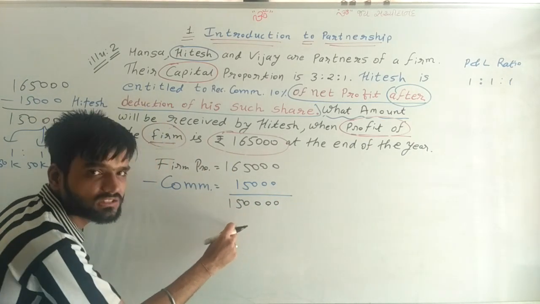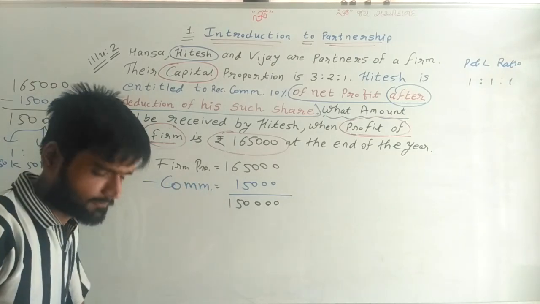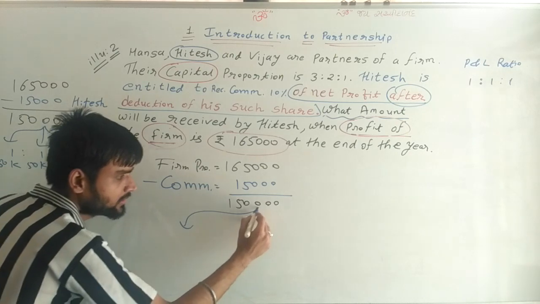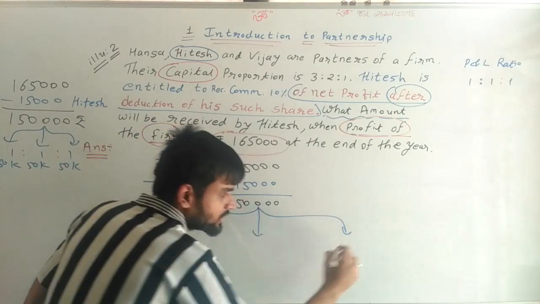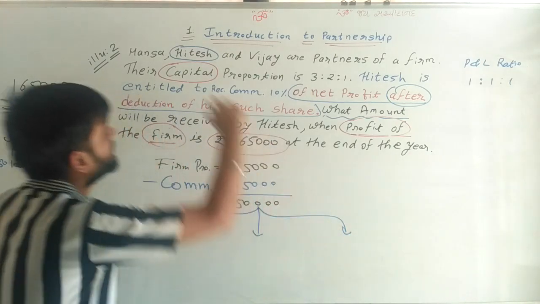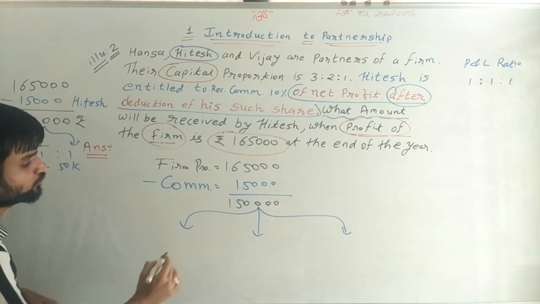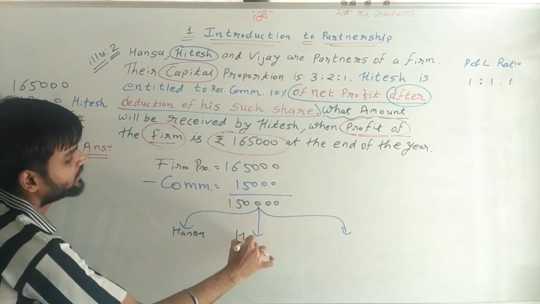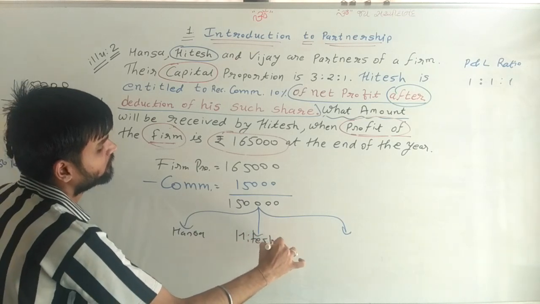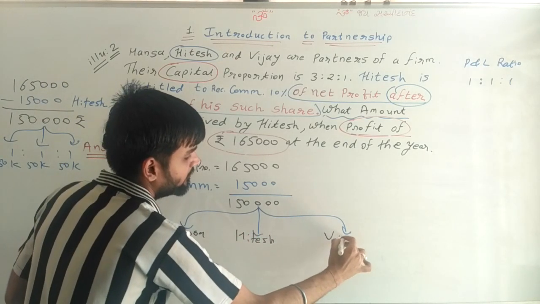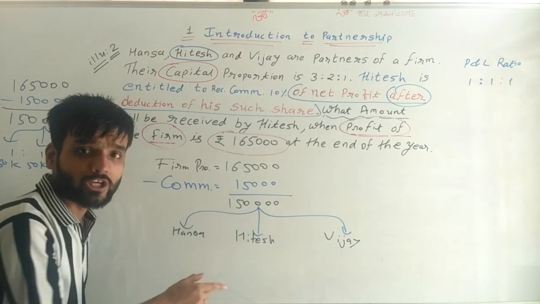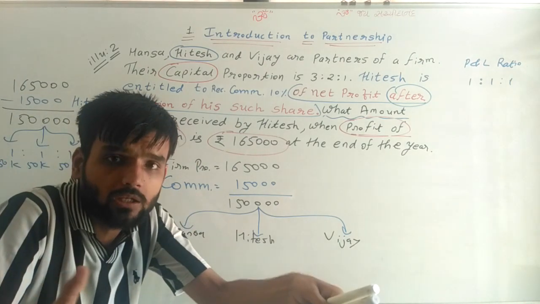Now what does it mean? This 1,50,000 we have distributed among 3 partners, and the partners' names are given to you: Hansa, Hitesh, and Vijay. This profit is distributed. This profit is divisible.